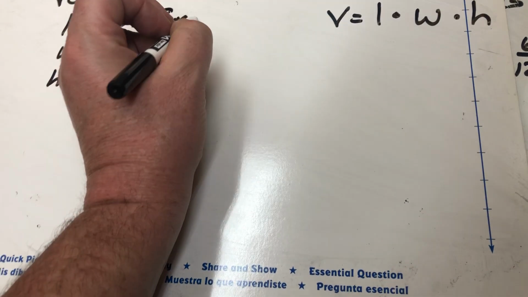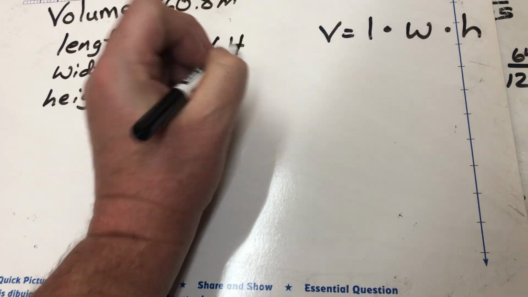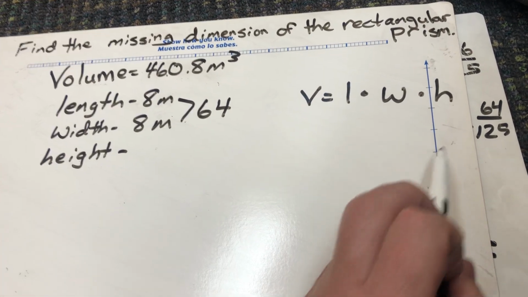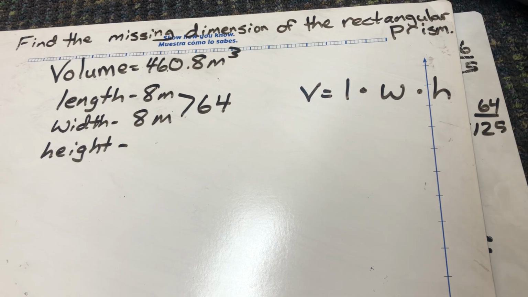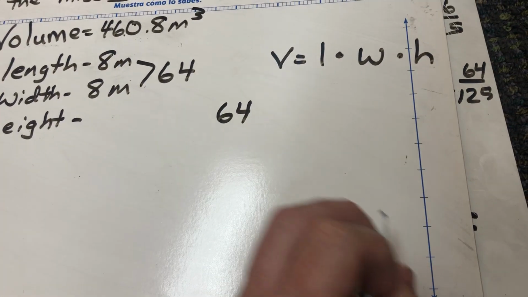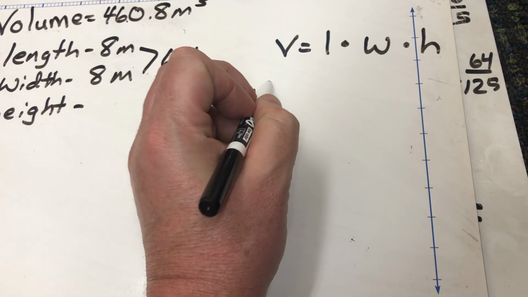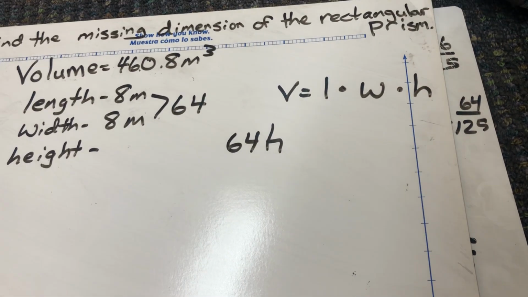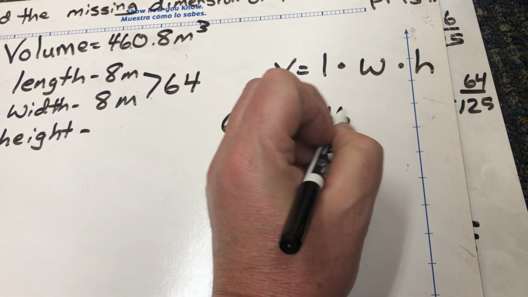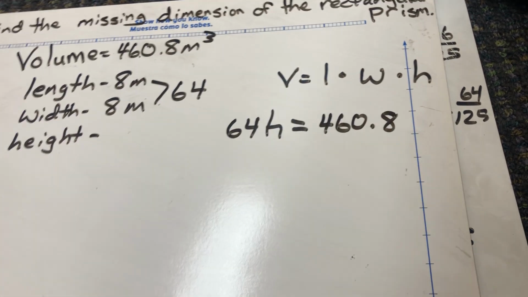So I multiply those together and I get 64. Now, so I know that the length times the width was 64. What I don't know is the height. Okay, so I can basically say that 64 times the height, which is going to be 64h, equals the volume, which is 460 and 8/10.